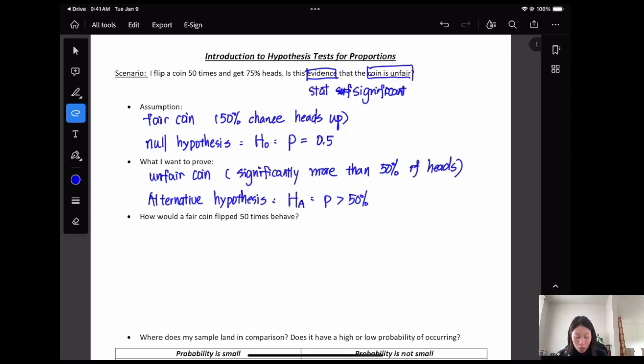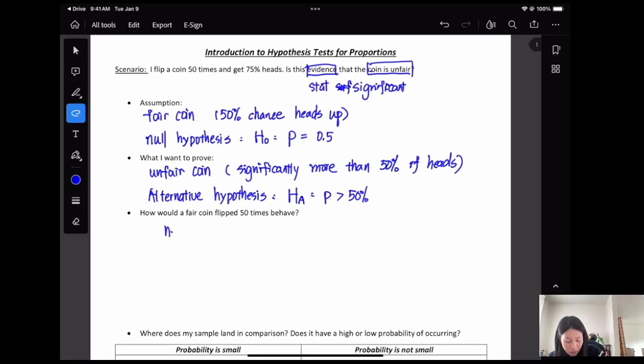Okay, how would a fair coin flipped 50 times behave? This means we need a sampling distribution, and this sampling distribution is going to be built around the null hypothesis.